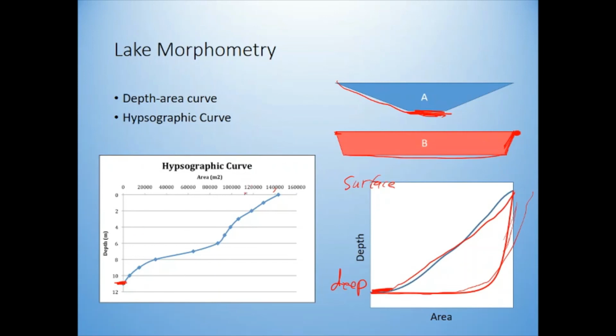And what we can say about this lake is it has a deep hole, but it's a very small deep hole. And then it has a broad plain from 6 to 8 meters deep, and then a decent amount of shallow littoral area, then it kind of goes down. So this gives you an idea of how much of the lake is at each depth.